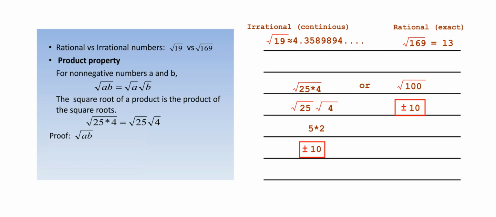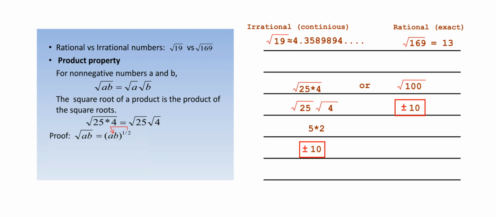Another topic in this case would be a proof. So, let's try proving that this works. The square root of a times b, we can call it the equivalent exponential form: in parentheses, a times b raised to the power of 1/2. And likewise, keep in mind you can distribute exponents.